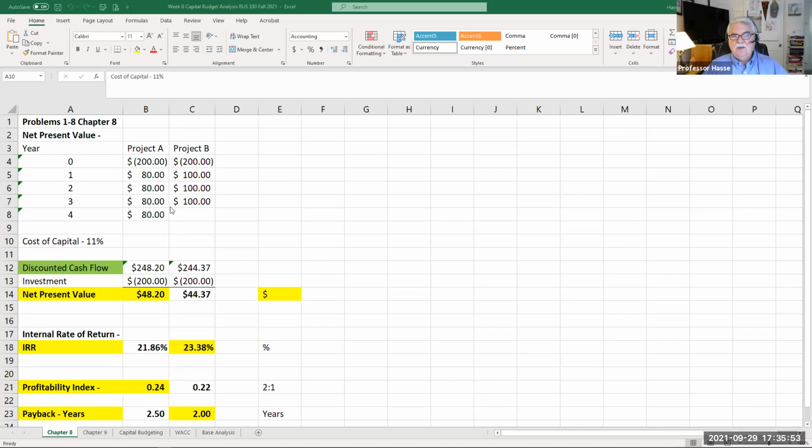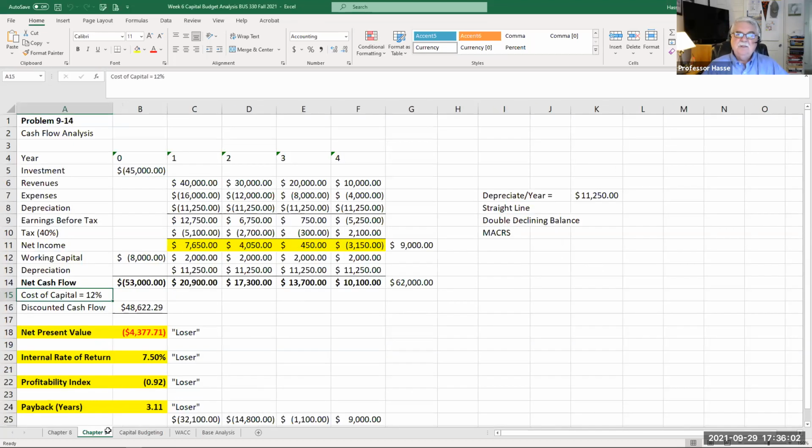Then we looked at a problem. The question was, well, how do we determine these cash flows of $80 and $100 that were given to us in this problem? Well, that's what chapter 9 is about, where we determined, based on the variables given to us, what the investment was in year 0, what the amount of revenues and expenses and depreciation was involved in this particular problem, what was their tax rate, what was their working capital determination.